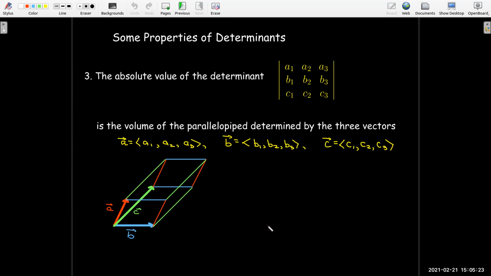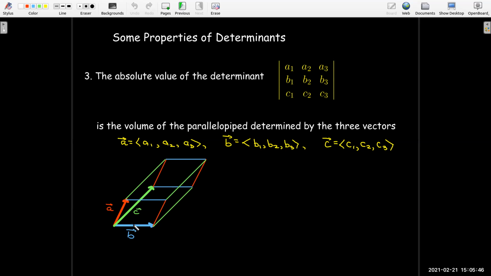And finally, the absolute value of a 3 by 3 determinant is the volume of the parallelepiped determined by the vectors consisting of the row entries. Now, what's a parallelepiped? You can think of it as like a squished box.